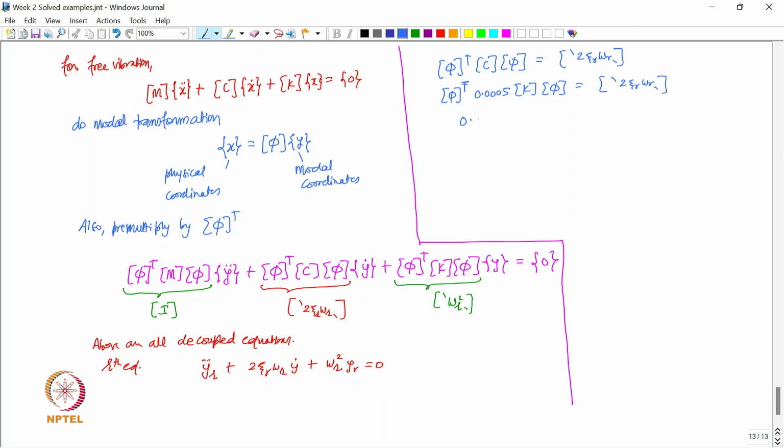And therefore, this can be written as 0.0005 omega r square into 2 zeta r omega r, correct.